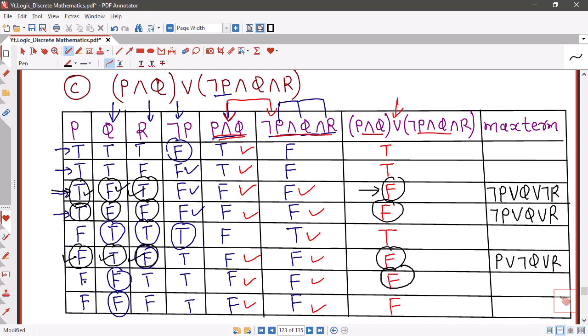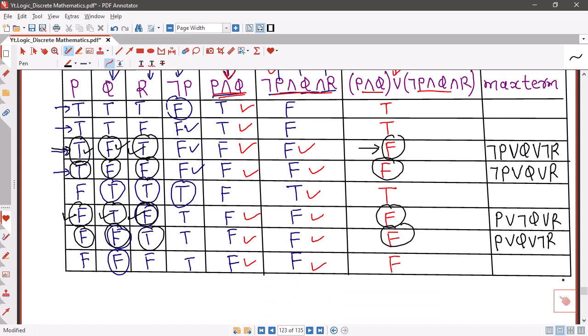Next one is this one, P and Q are false and R is true, therefore we will write negation of R and P and Q as it is.